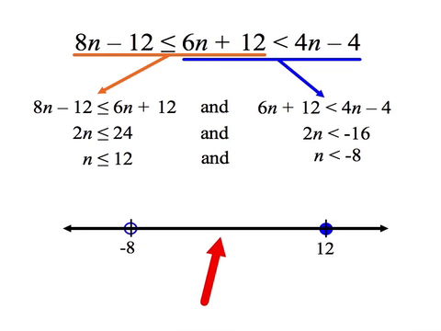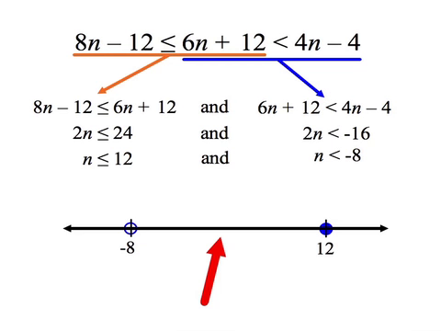The section of our graph with the numbers between negative 8 and 12, marked with the red arrow, depicts numbers which are less than or equal to 12, but they're not less than negative 8. And since this is an and problem, while that would work for the graph of n is less than or equal to 12, it doesn't work for both of the graphs, so we can't shade that part in.